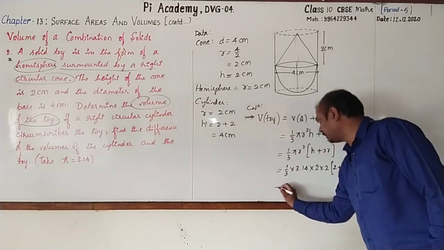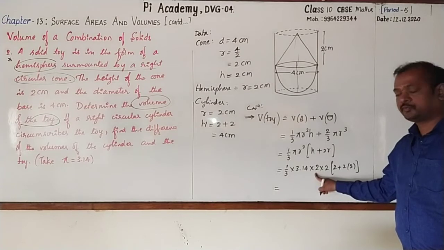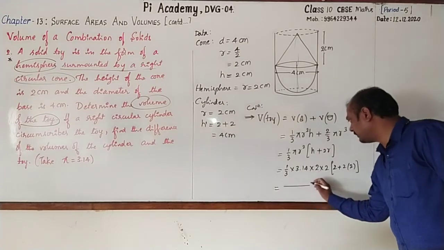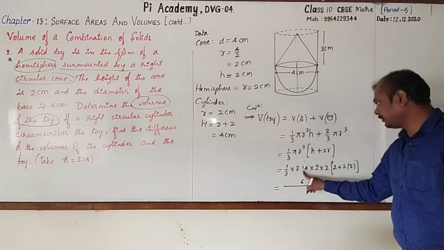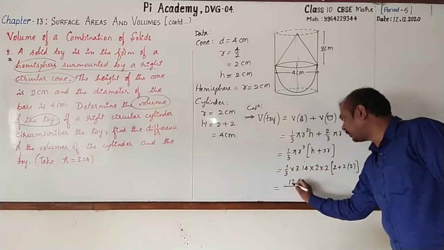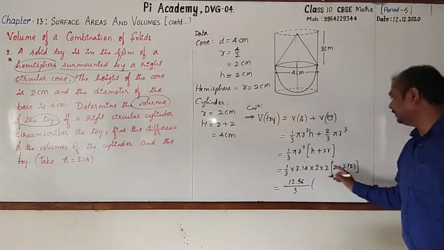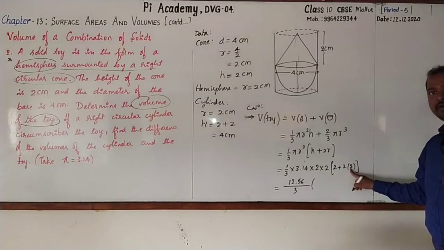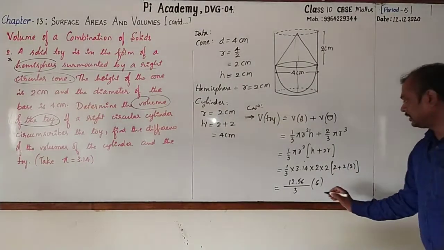This is equal to, now observe here, 2 2s are 4, 4 4s are 16, carry 1. 4 1s are 4 plus 1, 5. 4 3s are 12. 12.56 by 3 into, here 2 2s are 4, 4 plus 2, it is 6. Now cancel it.